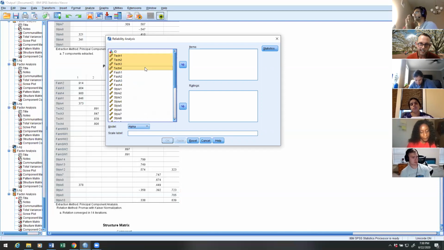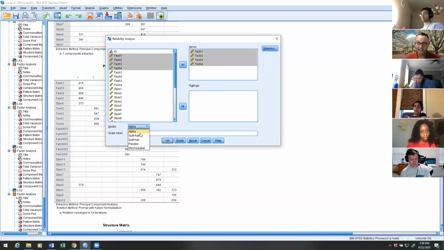So we have the tech factor, and we had those items that made up that factor. What we're going to do is reliability, and we're going to ask for alpha. There are actually a bunch of ways to do this, but the standard again is called Cronbach's alpha, and that's what people will look for.